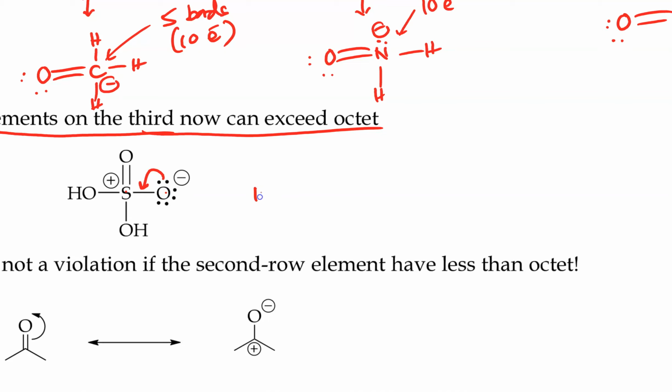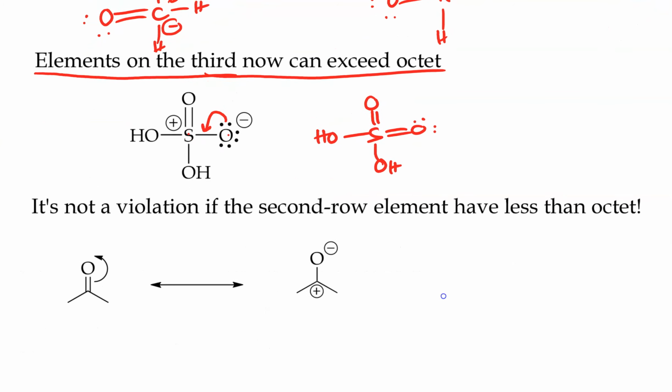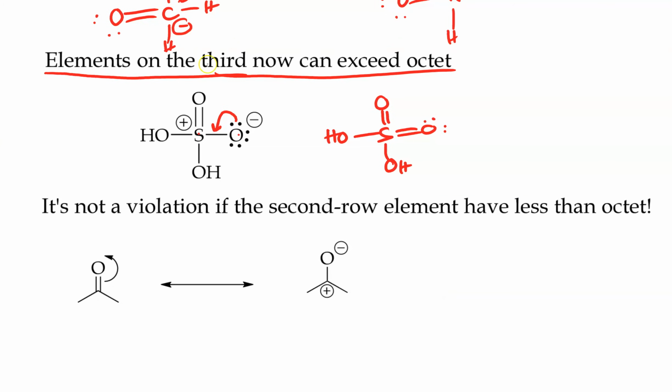And it is possible for us to do that because sulfur can exceed octet. Even when it has a lot of electrons surrounding it, it is not a problem because it can exceed octet. So that will then be okay for element on the third row or below.